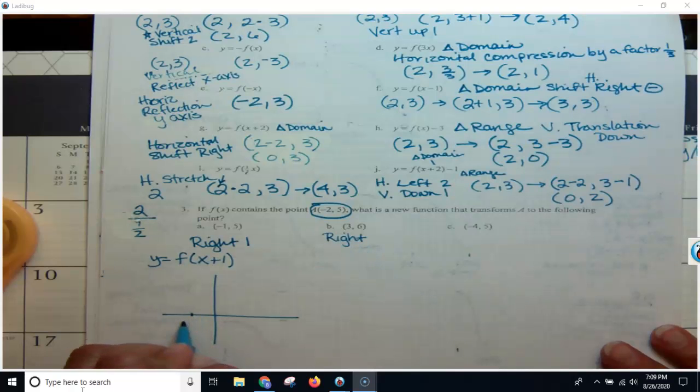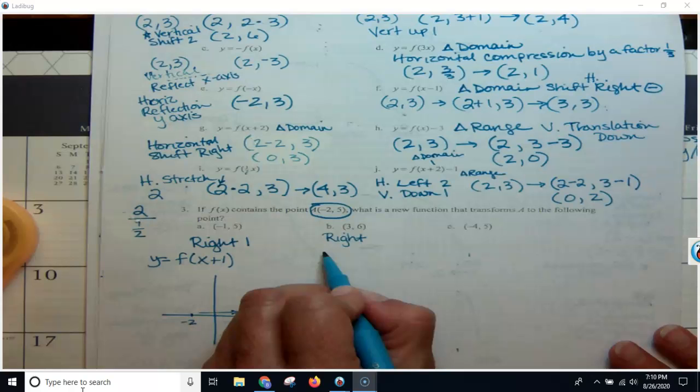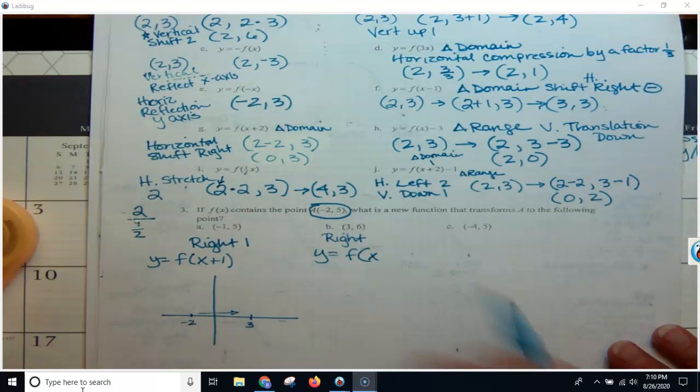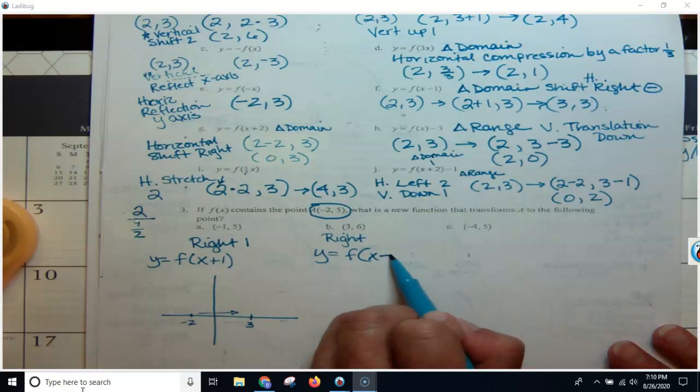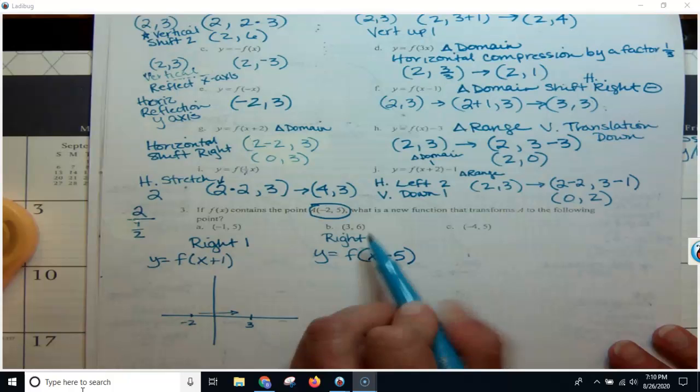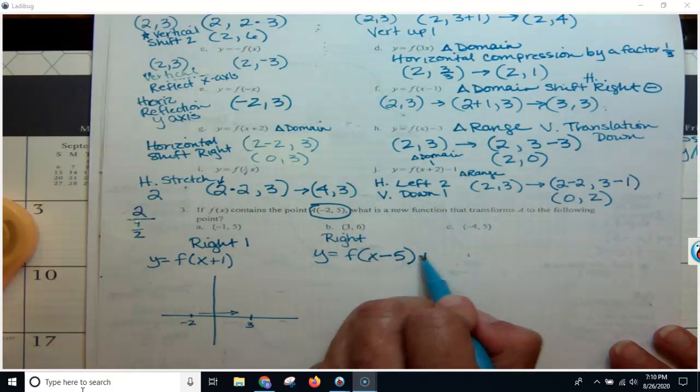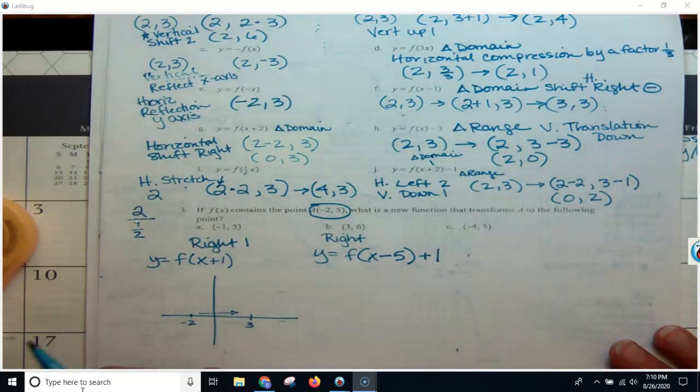Think -2 over to 3. That's shifting to the right 5. So I'm going to say y equals f of x minus 5. And now it's shifted from 5 to 6, so it's shifted up 1.